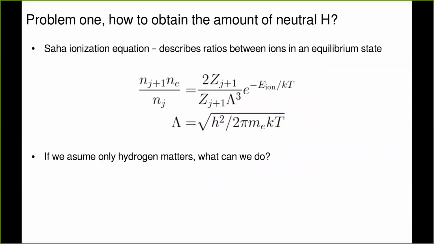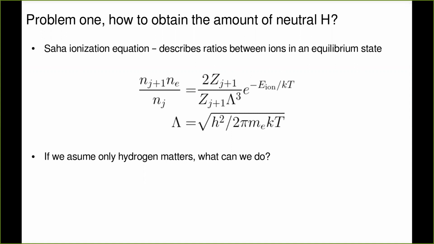And to do that, we're going to use something called the Saha equation. The Saha equation comes from quantum statistical mechanics. And it basically tells you, for a given temperature, what's the relationship between two consecutive ionization states. So here with index J, I'm now again denoting some sort of population, which means some sort of number density, except now we are not talking about excitation stages, we're talking about ionization stages.